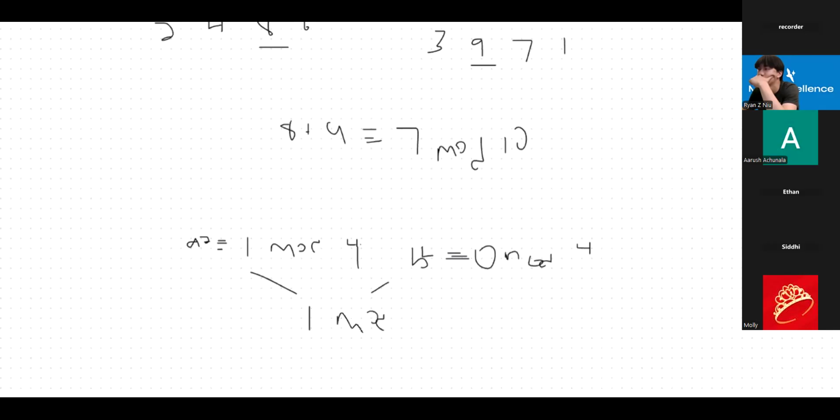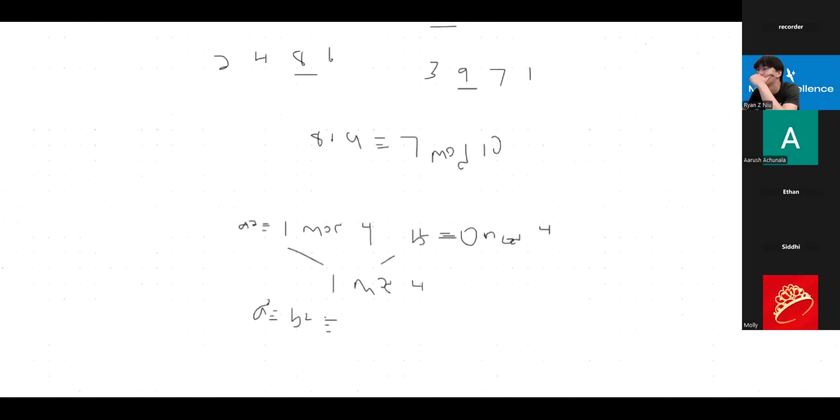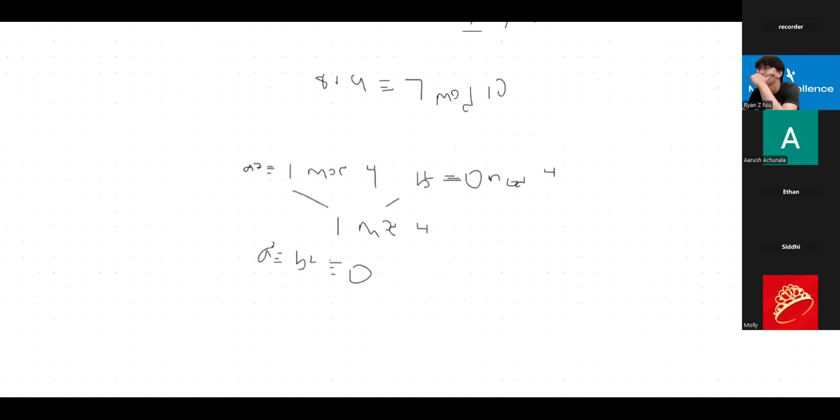The second case is if both of them are 0 mod 4, then if you add them up, you'd just basically get 0.